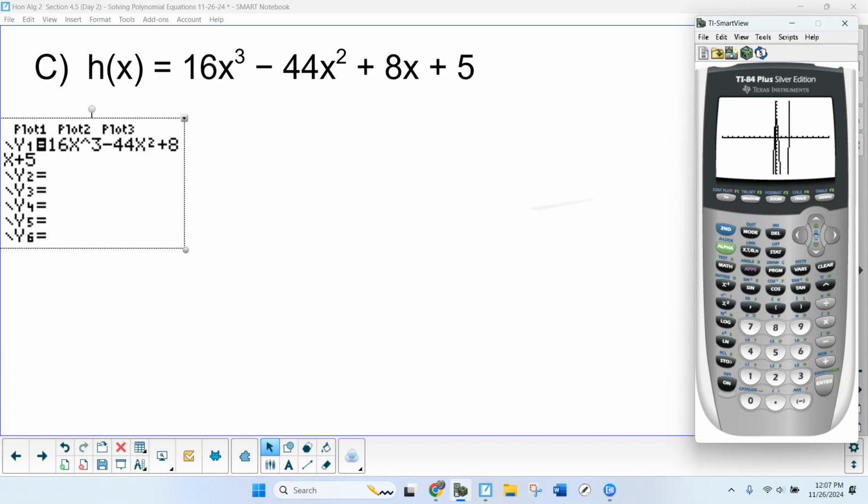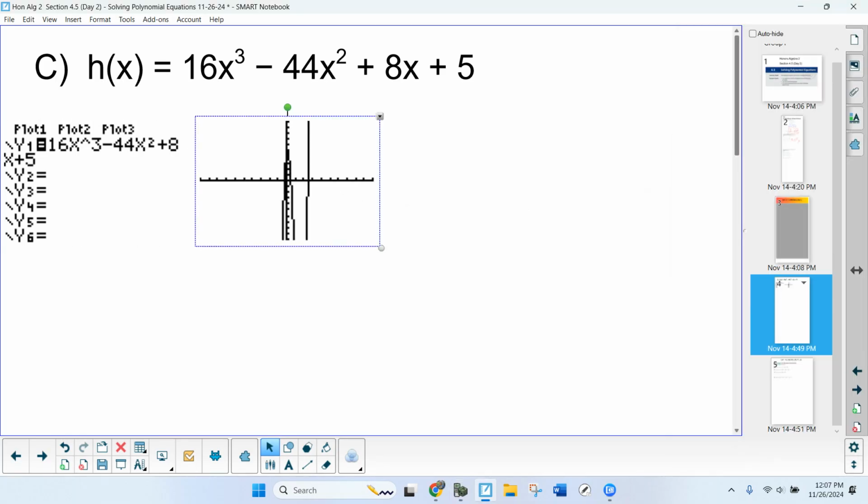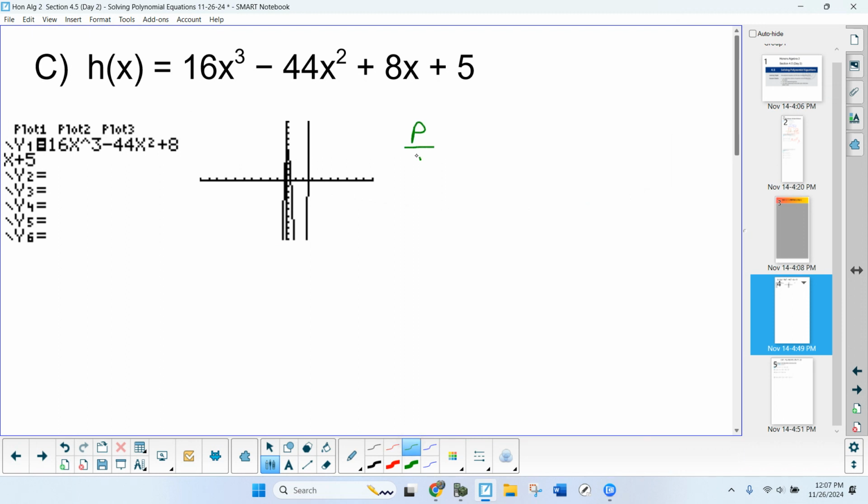Can you tell what your zeros are? I mean, they're between 0 and -1, and between 0 and 1, and between 2 and 3. Can you see exactly? No. So this is where we need to do P over Q, our possible rational zeros.